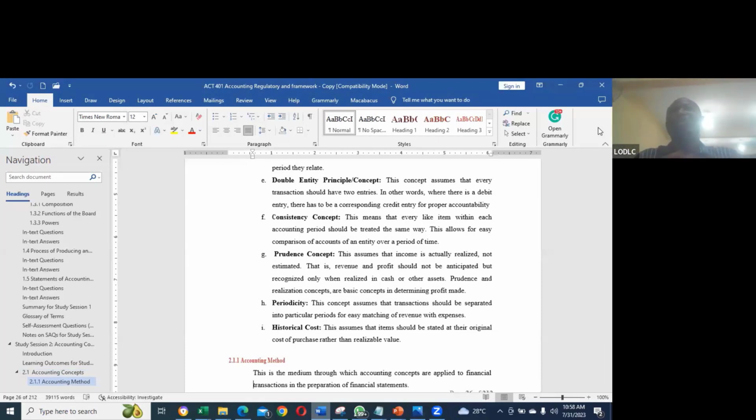Once they are able to account for it, whether they use the money on something that is not even relevant to their life, they are not concerned. But it has to be well spent and actualized. For instance, if an accountant wants to spend 5 naira, the first question the accountant will ask is, why do I need to spend this 5 naira?